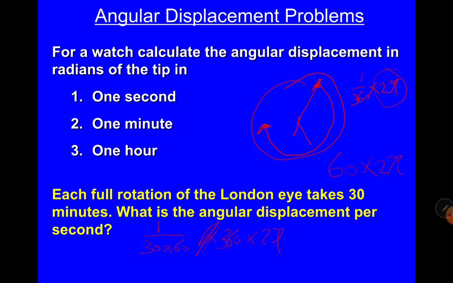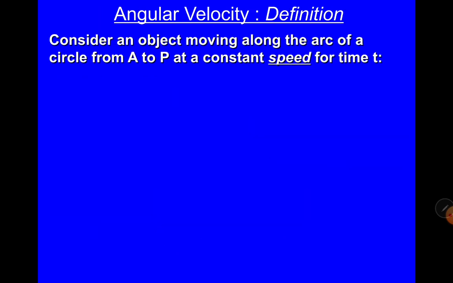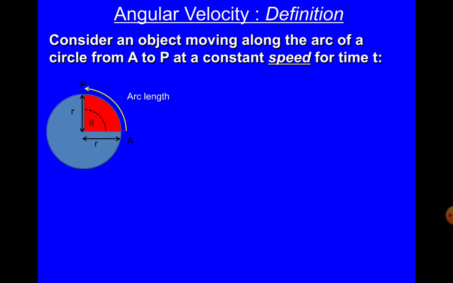Okay, all right. Angular velocity definition. Consider an object moving along an arc of a circle from A to P at a constant speed.